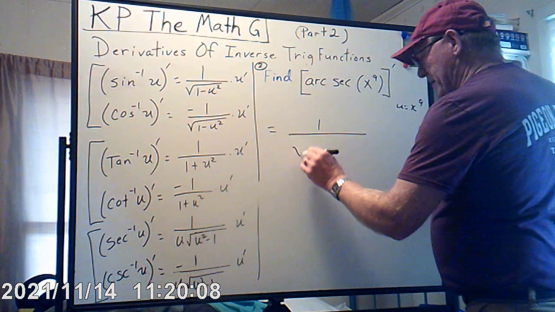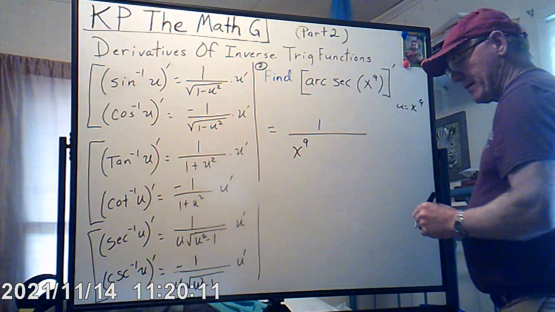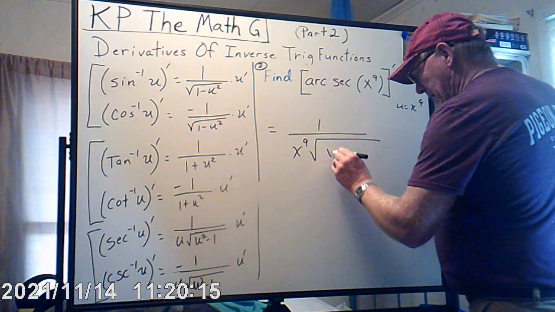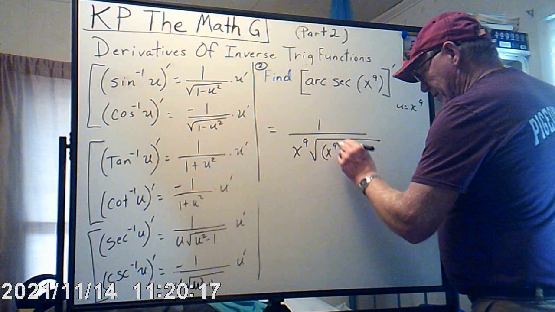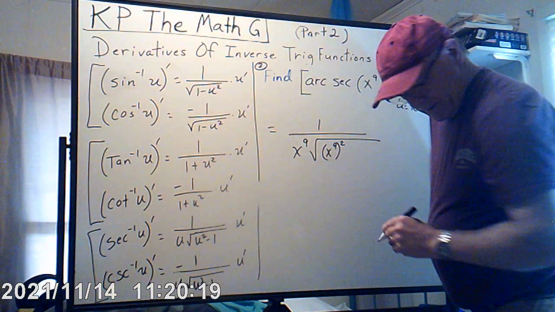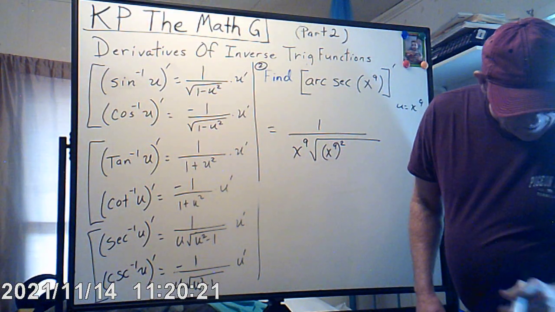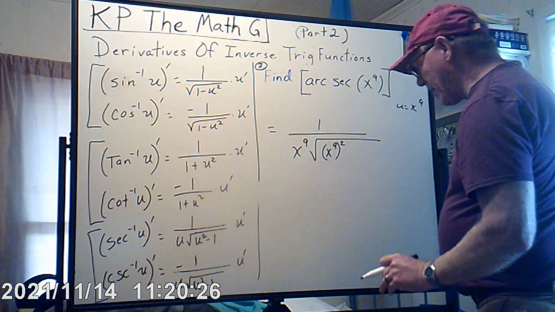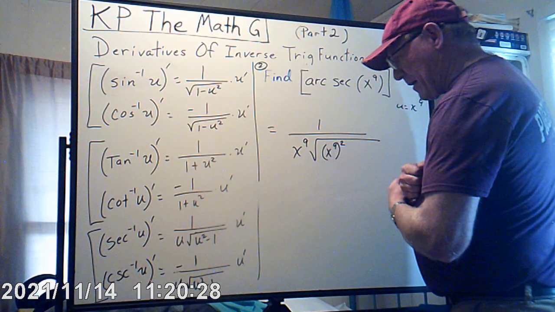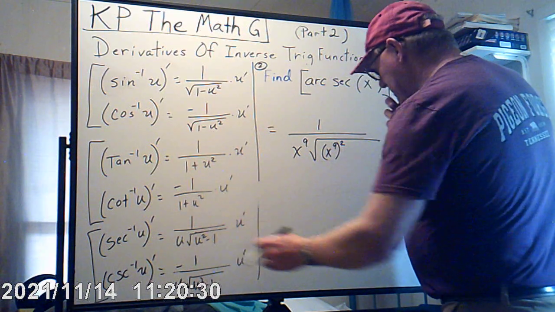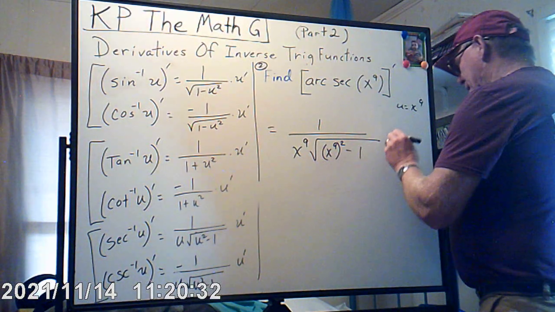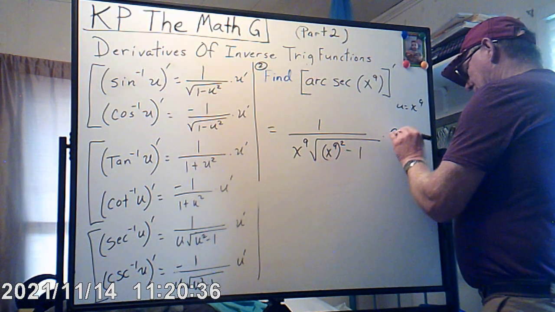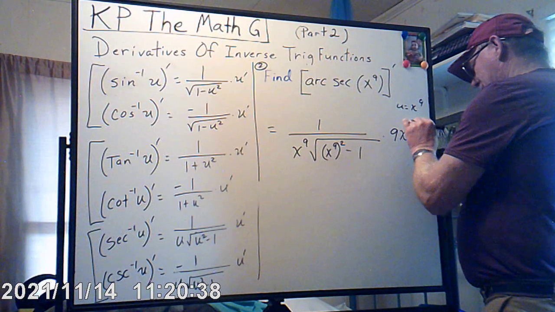So I'm going to put that down there, x to the ninth, times the square root of x to the ninth, how about squaring that, x to the ninth squared, minus 1, and then times the derivative of x to the ninth, which is 9x to the 8th.